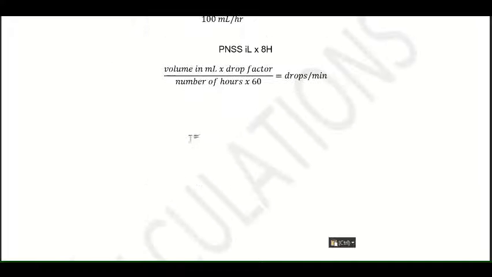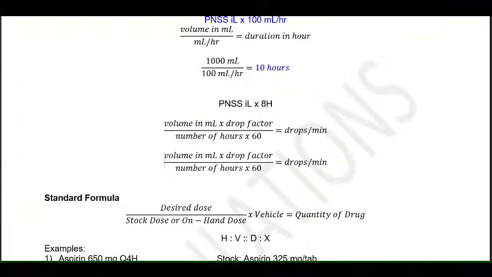For example, if the doctor would say plain NSS, 1 liter times 8 hours. For you to determine the drops per minute, I'll be copying this formula so that I can reflect it clearly here. There.